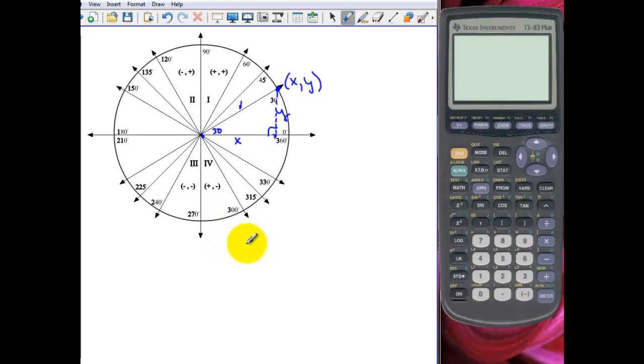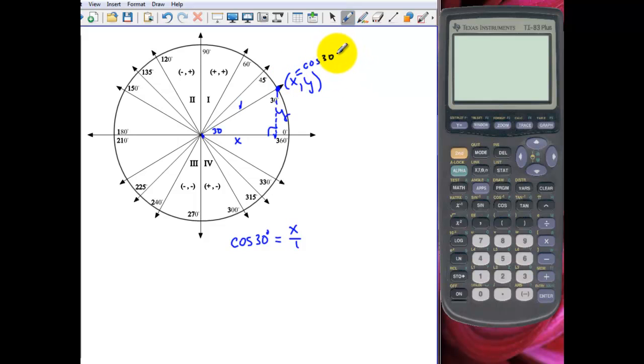So we could find the value of x by using the hypotenuse and the adjacent side. So the cosine of 30 degrees equals x over 1. So x is the cosine of this angle. So this x value is cosine of 30.